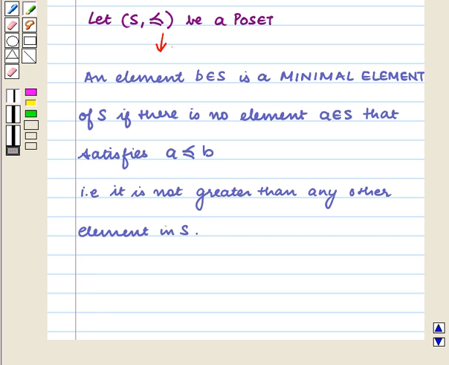Then an element B belonging to S is a minimal element of S if there is no element A belonging to S that satisfies A precedes or is equal to B, except B itself. That is, it is not greater than any other element in S.